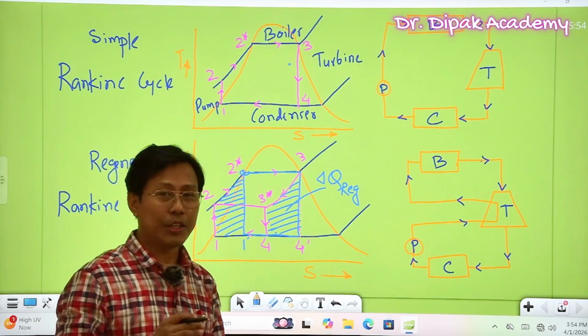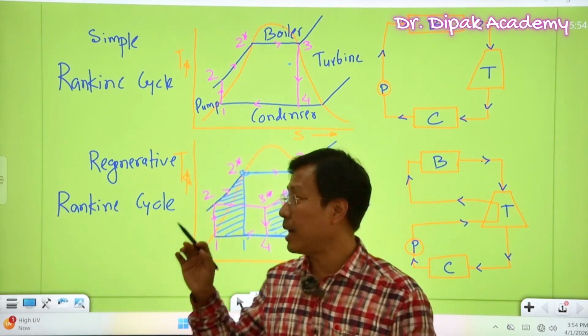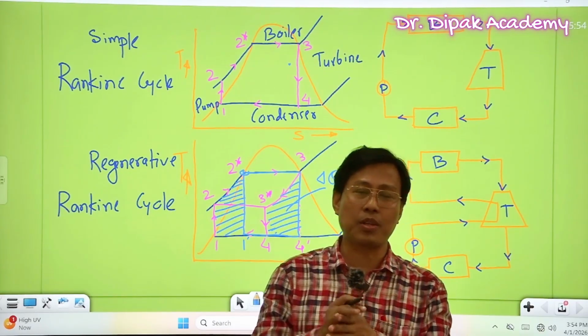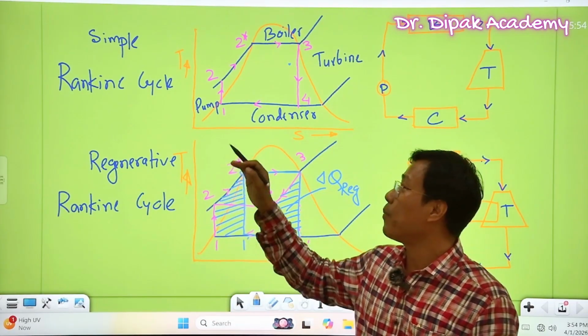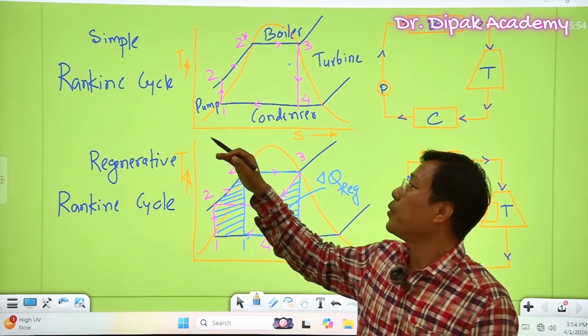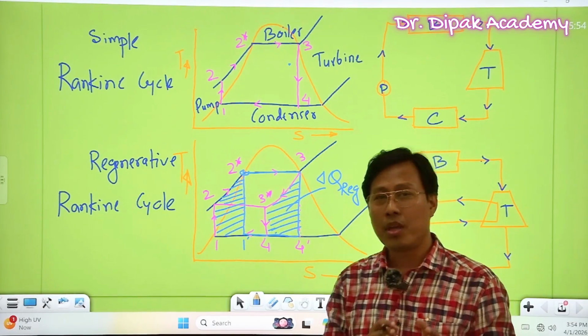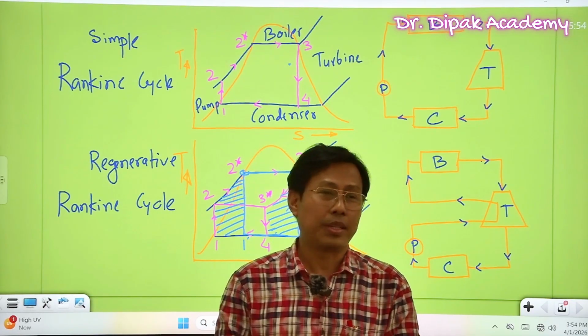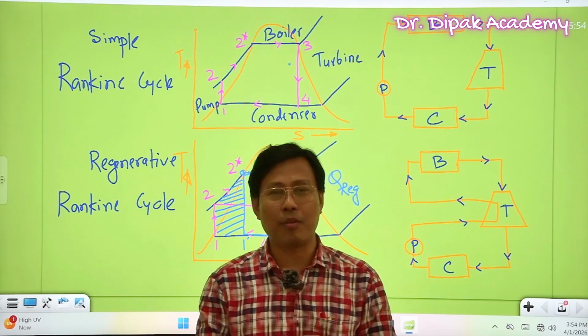I hope that you have understood here the regenerative Rankine cycle, and you have also understood how this cycle is compared with the simple Rankine cycle, and how the efficiency has been increased. Okay, so this is almost the end of the class.